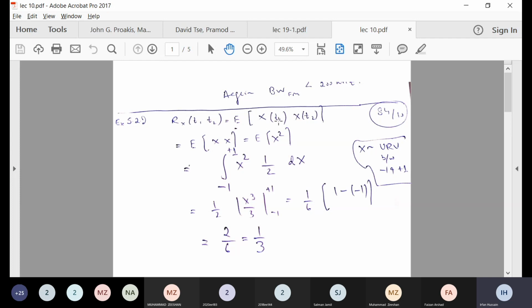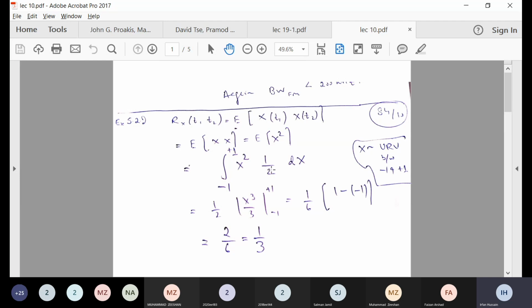So at T1 you will get some value of the random variable. At T2 you will again get some value of the random variable. This you can say is x times x. Both will be some values of your random variable. This becomes E of x square, and E of x square is a function times the PDF of the uniform random variable.